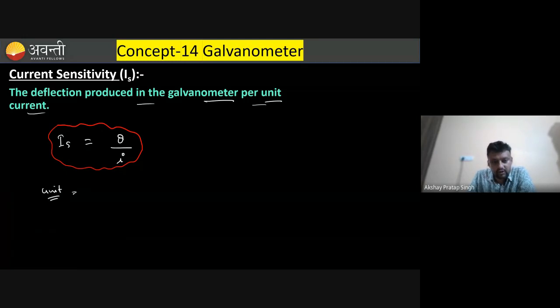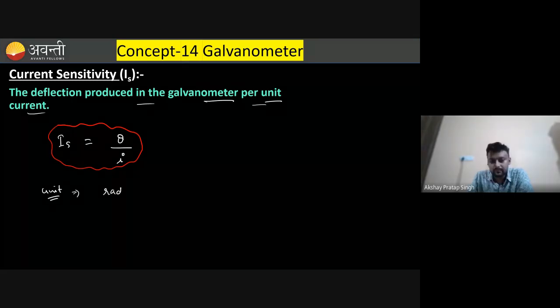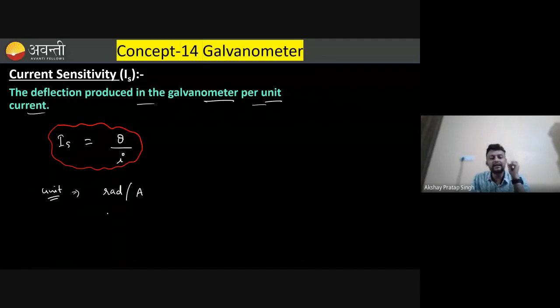What will be the unit of current sensitivity? Either in radians, you can say radian divided by ampere. So the unit may be radian per ampere, or listen to me now. This time, listen to me very carefully. It can also be measured. You have seen a galvanometer in your schools. It is something like that.